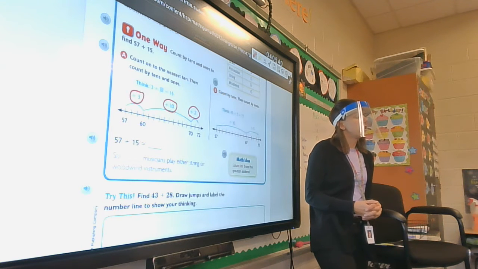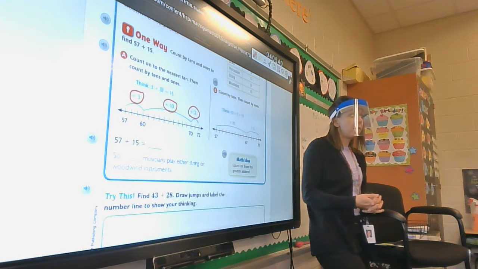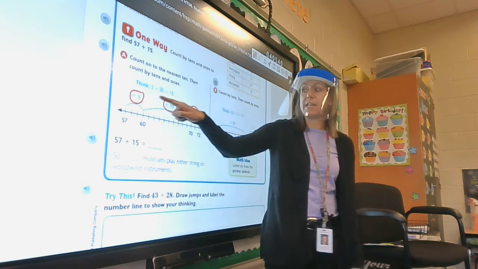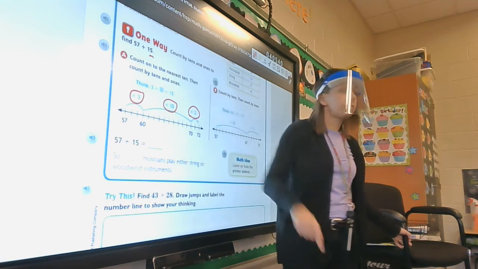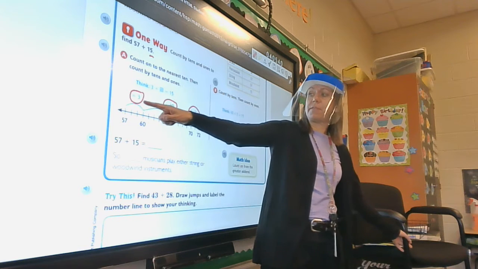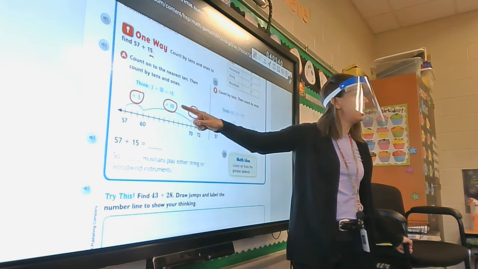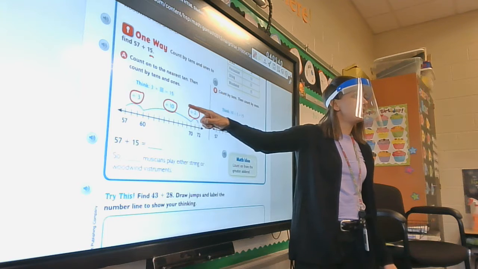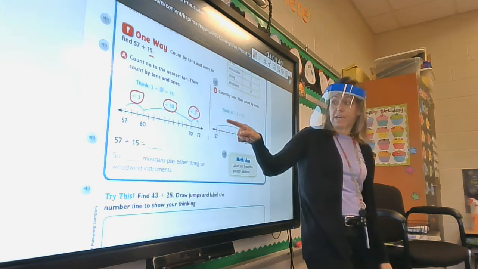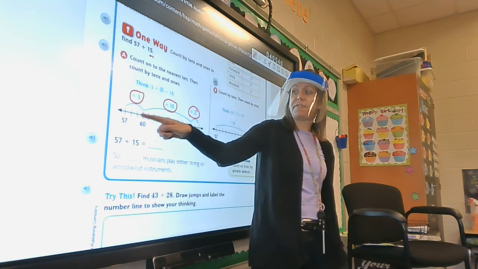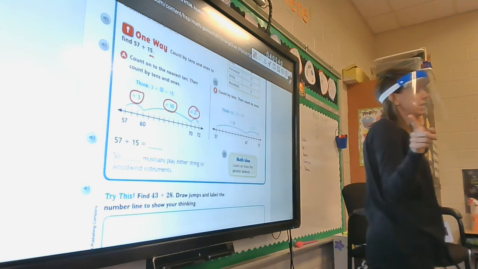Because 3 plus 10 is not 15. Right, so I need to make sure that the numbers I'm hopping at the top equal my 15. So here I counted by 3, then I counted by 10, but that's only 13. So I still need 2 more jumps to get to 15 on the top.